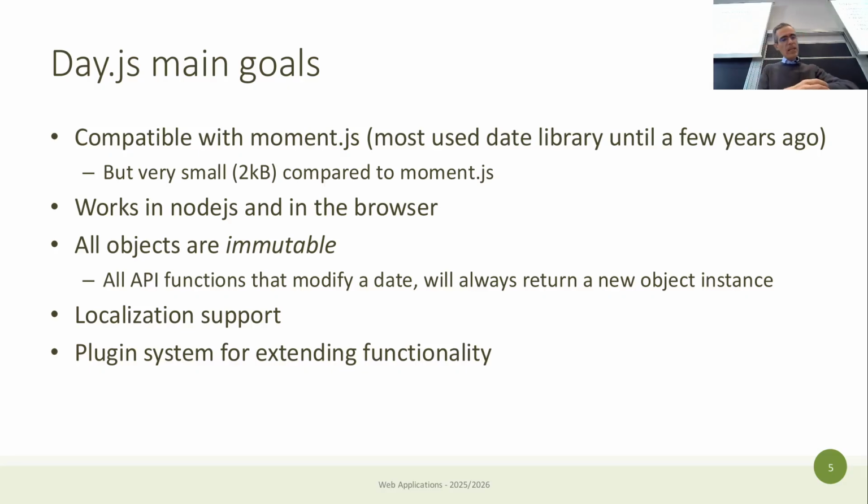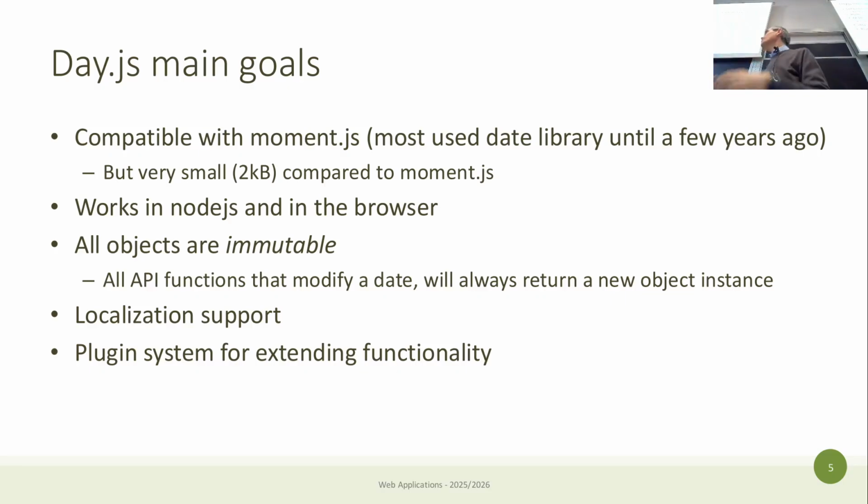dayjs is a very commonly used library in JavaScript for handling dates. Once there was this library moment.js that was very widespread, but at a certain point, I think because of a discussion between the developers, it always happens that somebody does not agree with others, and the project splits, the project dies, somebody forks the project, creates a new project, and so on.